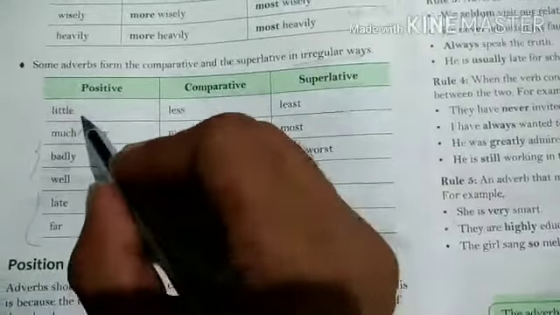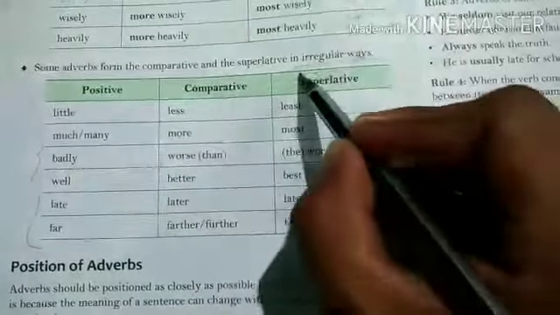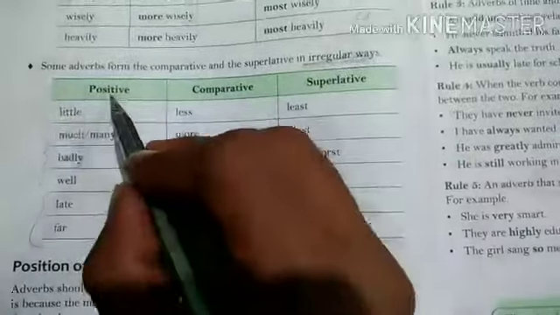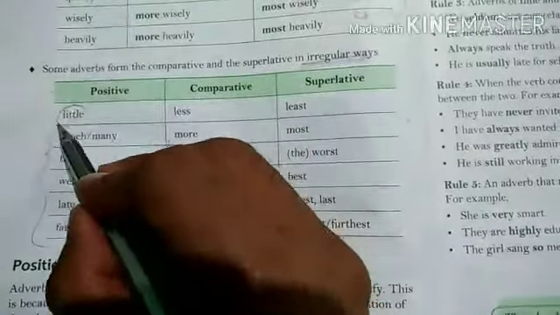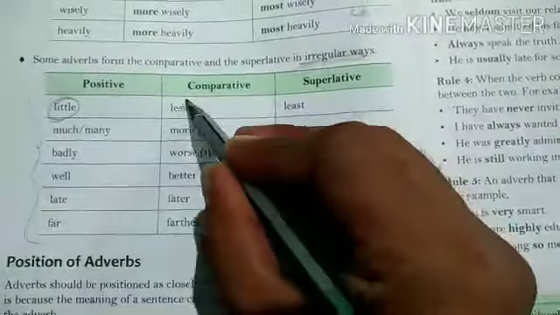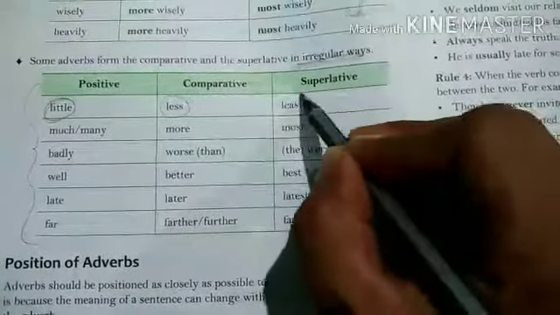In the same way, we have here the examples of irregular degrees of adverbs. Like here in positive degree we have the adverb little, but in comparative degree it has become less, and in superlative degree it has become least.